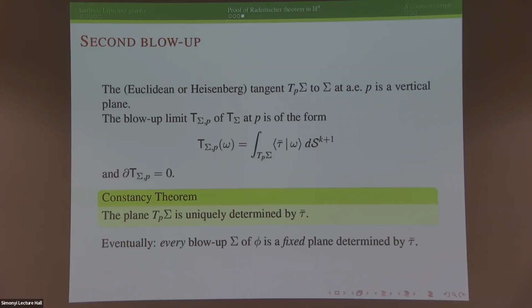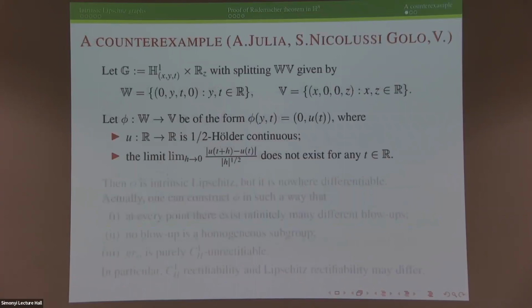After I found this result in Heisenberg, I was tempted to prove the Rademacher theorem in the widest generality, for instance in groups of step 2. That would be a natural guess, because in step 2 we have Rademacher in codimension 1. But quite surprisingly, together with Antoine Julia and S. Nicolussi Golo, we came up with a counterexample.